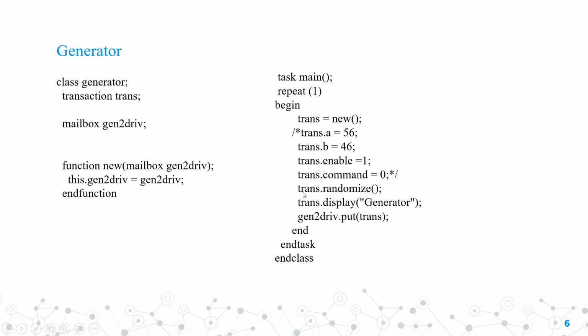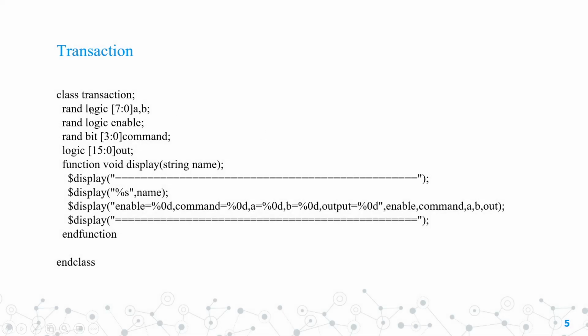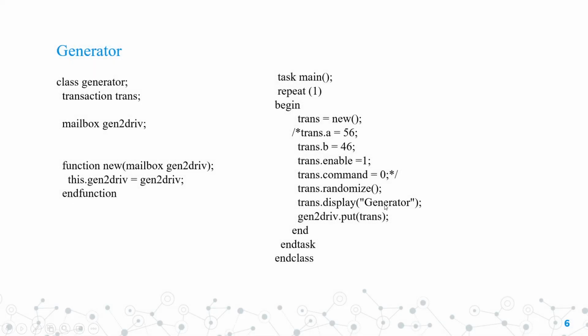And here I am randomizing the trans. Like previously we wrote rand for a, b, enable and command, so a, b, enable and command will be randomized by using this function.